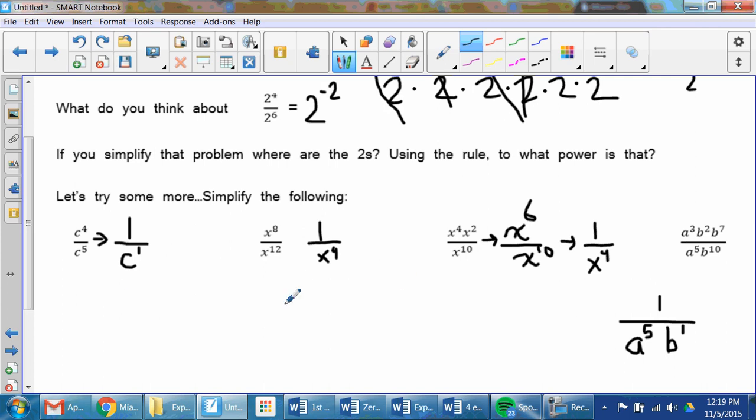Now, some of the other options. For this one, if you initially had c to the negative 1 power, that is okay, but not our most simplified answer. To simplify that completely, we need to go under a 1, then it makes it positive. We'll talk more about that rule here in a second.